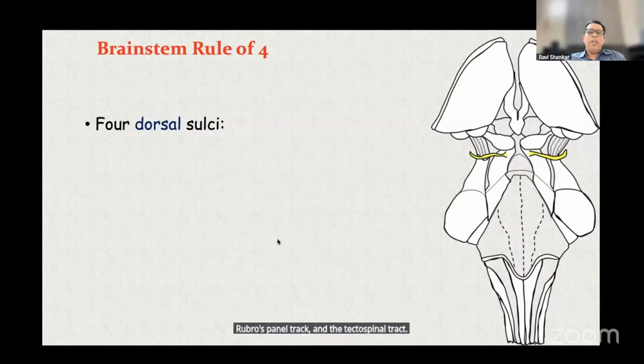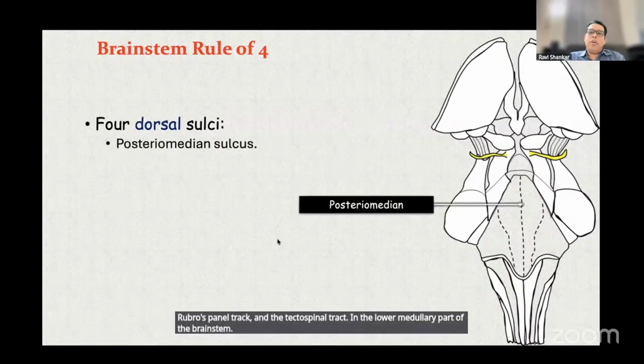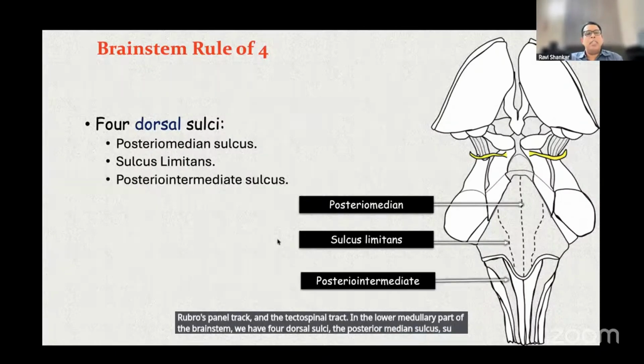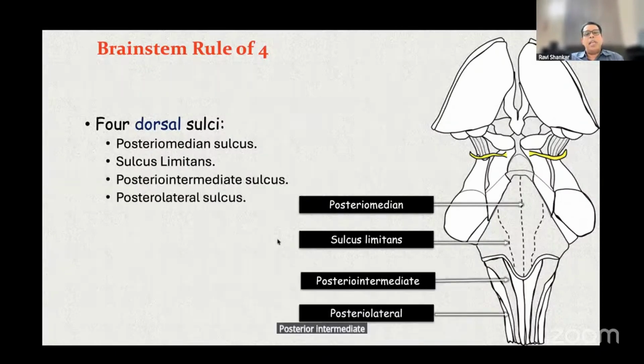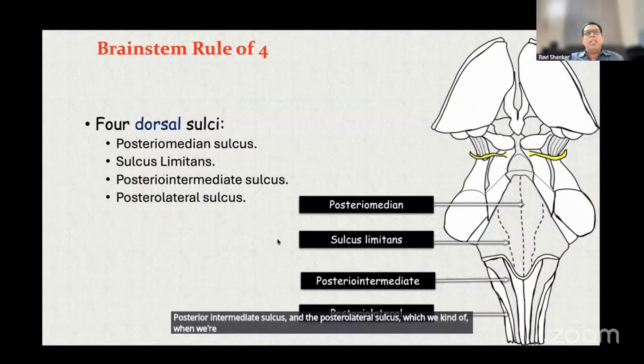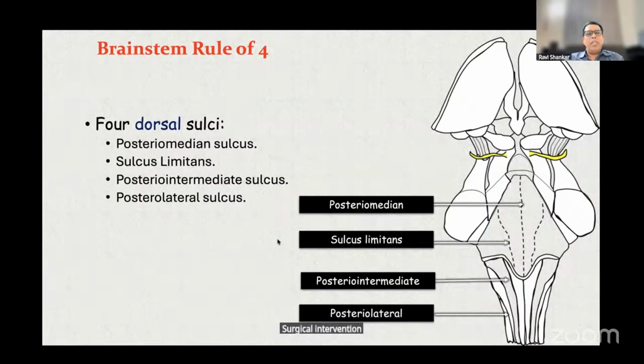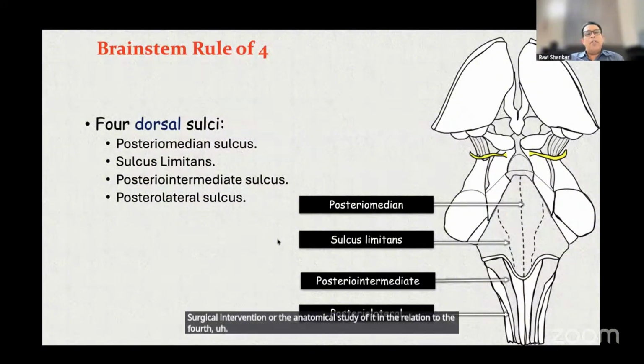In the lower medullary part of the brainstem, we have 4 dorsal sulci: the posterior median sulcus, sulcus limitans, posterior intermediate sulcus, and the posterolateral sulcus. We see these structures when doing surgical intervention or anatomical study in relation to the floor of the 4th ventricle.